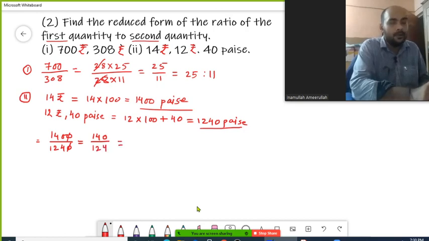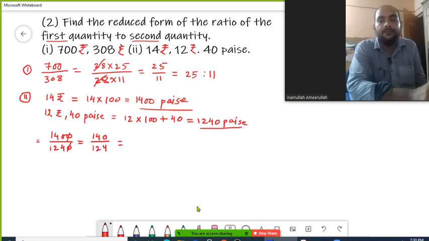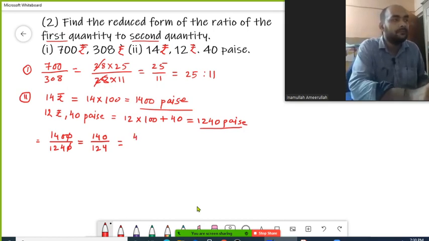Now 140 is 4 into 35 upon 124, which is 4 into 31.